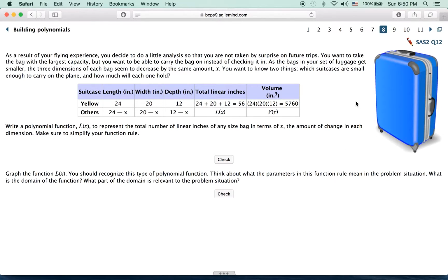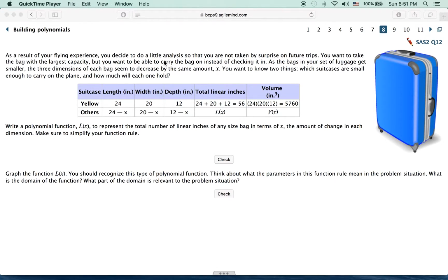The important aspect of luggage, I would say, would be the volume. How much stuff can they hold? Volume is a cubic measurement. It includes the product of depth, width, and length, so that the units of volume are cubic.